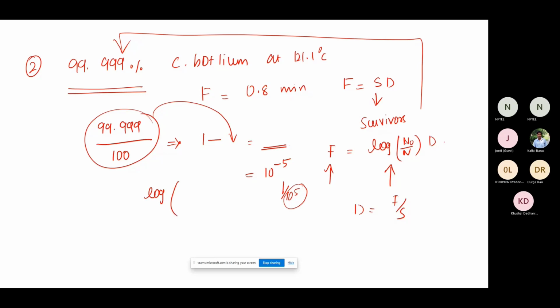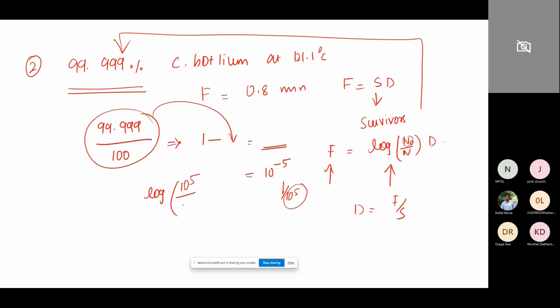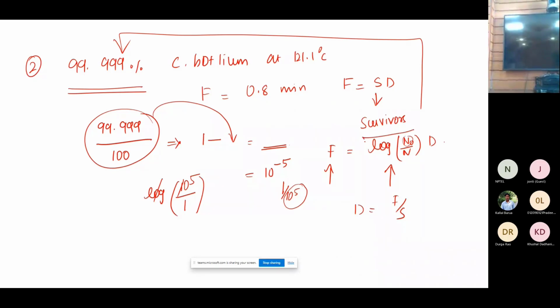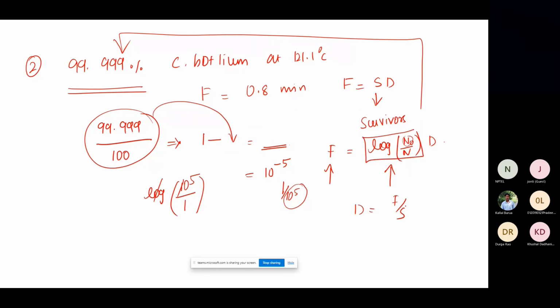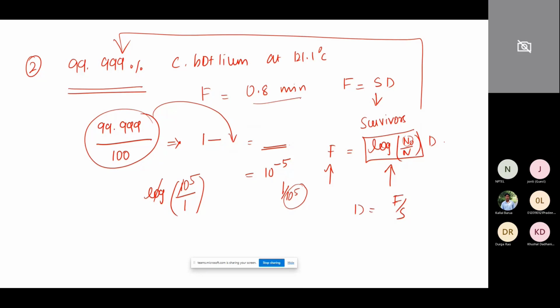Your initial count, N naught, is 10 to the power of 5. Finally 1 survivor remains. So log 10 to the power of 5, log 10 cancels, so you have got 5. So the survivor value is 5, and the F value is given as 0.8.